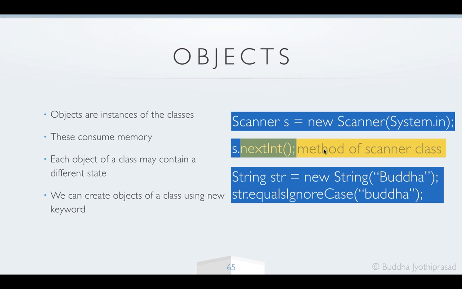And then when you are executing str dot equalsIgnoreCase of Buddha, what you are doing is operating on the capital BUDDHA string and comparing it with another string, small buddha. So it already has a state. The state is nothing but the actual characters that are stored in that string, which is capital B and UDDHA.